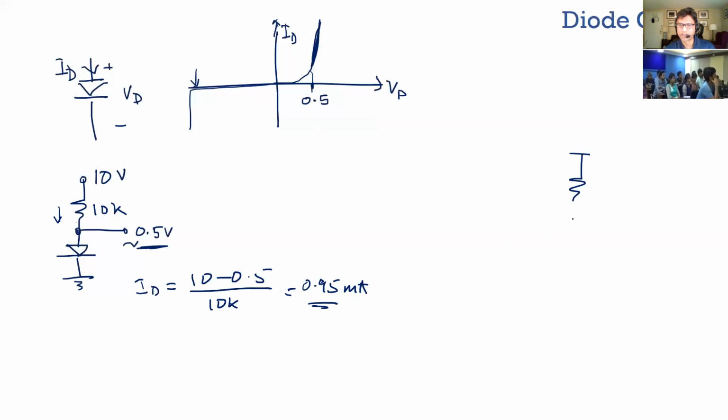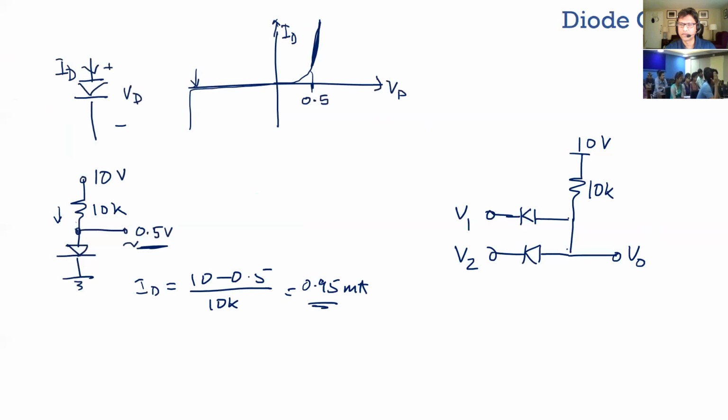One example: let's say I have 10K, this is some 10 volts, and I give you two parallel diodes like this. This is some voltage V1, this is V2, and that's your output here, V out. This is a very old diode-based logic, which people used to build digital gates. Obviously, we don't do that anymore, but people might still ask you about your concepts of diodes.